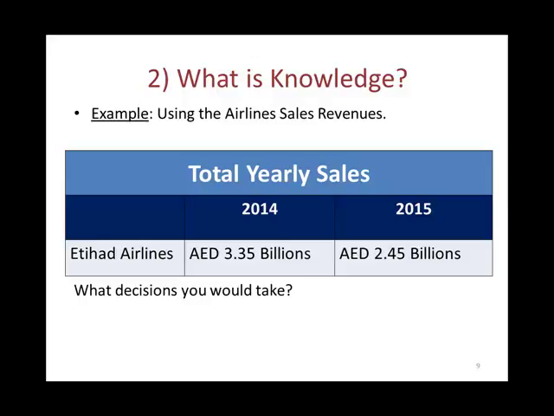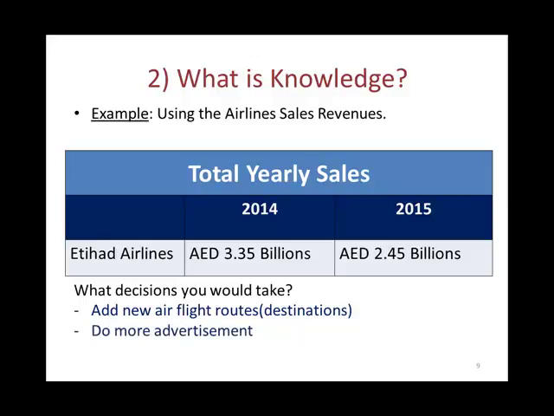If you notice the numbers here, and you are a manager looking at this data, what decisions would you make for the company? In this case, maybe one decision that you would make is to add new flight routes and destinations in order to increase revenues.